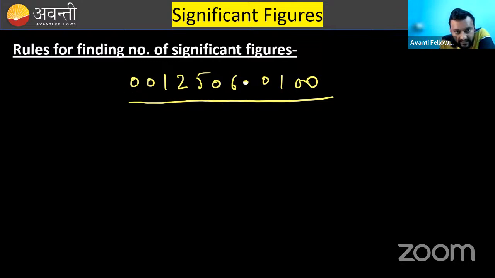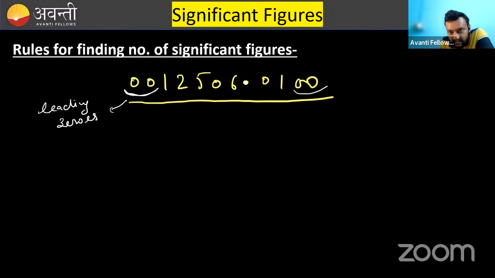You can clearly see that these zeros are called leading zeros. Now listen to me very carefully. Leading zeros. Why leading zeros? Because they are before any number starts. The number actually starts from 1. These zeros are leading zeros.